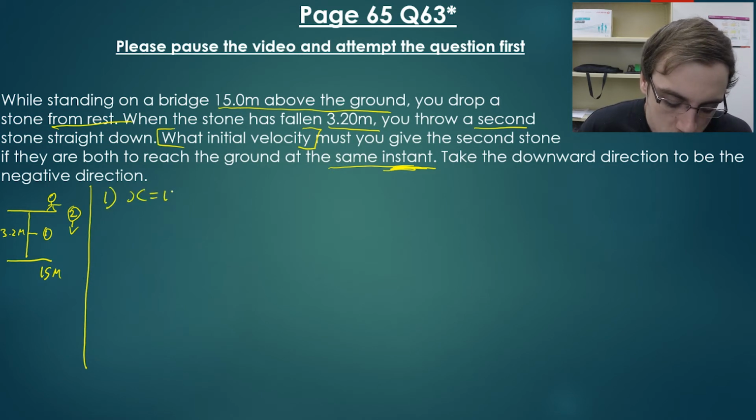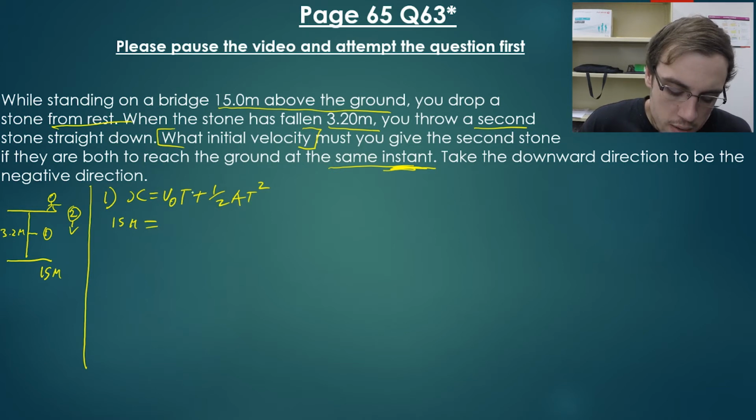So x equals v0t plus 1/2 at squared. So x, the distance it traveled, is 15 meters, and that is equal to v0t, where the initial velocity, because it was from rest, is 0, times time, plus 1/2 at squared.